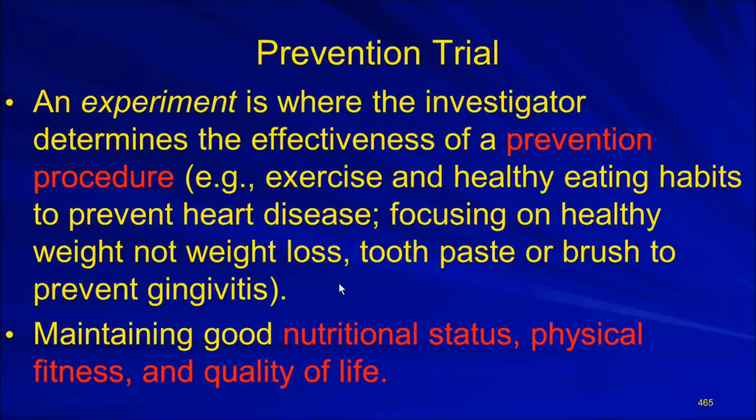So we're going to focus on exercise and healthy eating habits to prevent heart disease, focus on healthy weight, not weight loss, and maybe toothpaste or a brush to prevent gingivitis. So we're interested in maintaining good nutritional status, physical fitness, and quality of life. So that's what we're trying to accomplish through a prevention trial.